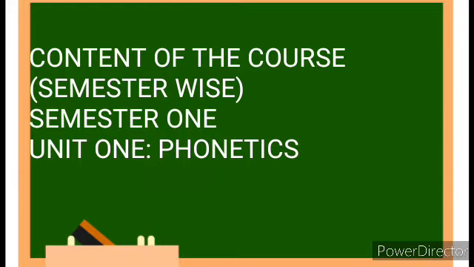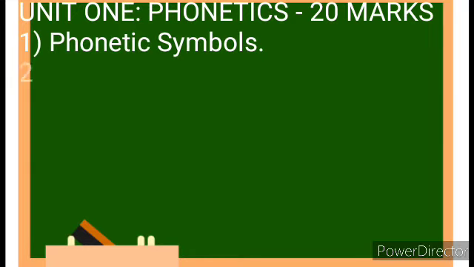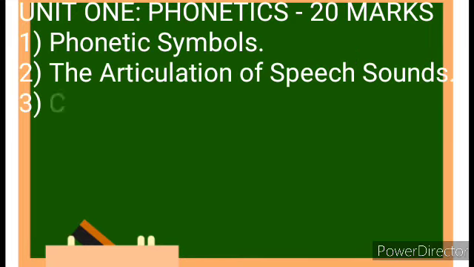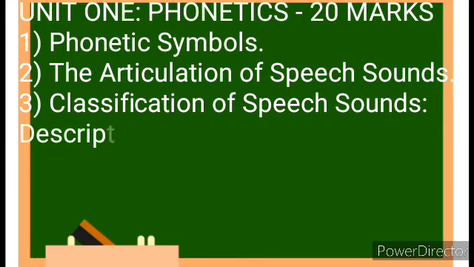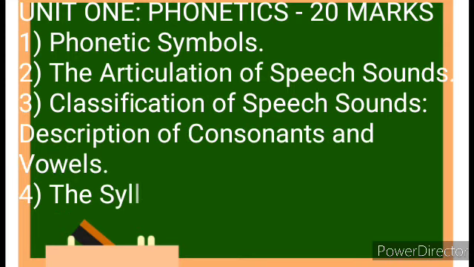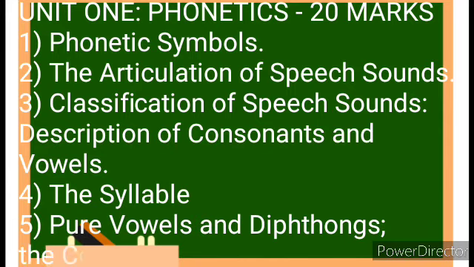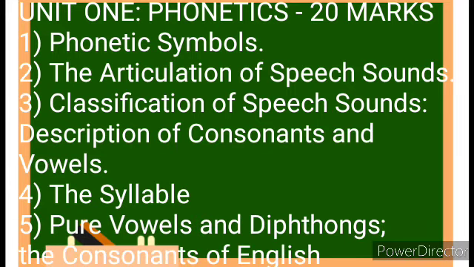Now we have to know what is prescribed for phonetics in the unit first. The unit 1 is phonetics, which, as I told you, is for 20 marks. It contains 5 chapters. Now we will try to understand the content of each chapter one by one.